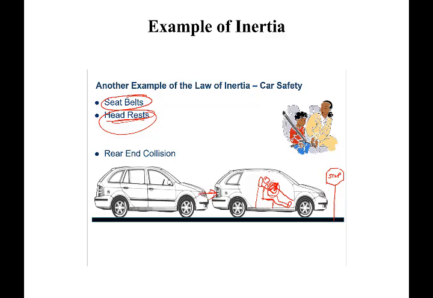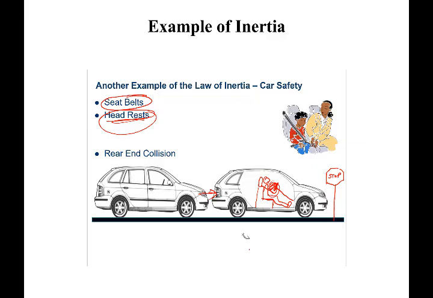Suppose you are standing in a train or a bus, and think about the scenario when the bus is in motion and it comes suddenly to rest, and you fall forwards. That's because while the bus stops suddenly, you still continue to be in a state of motion.